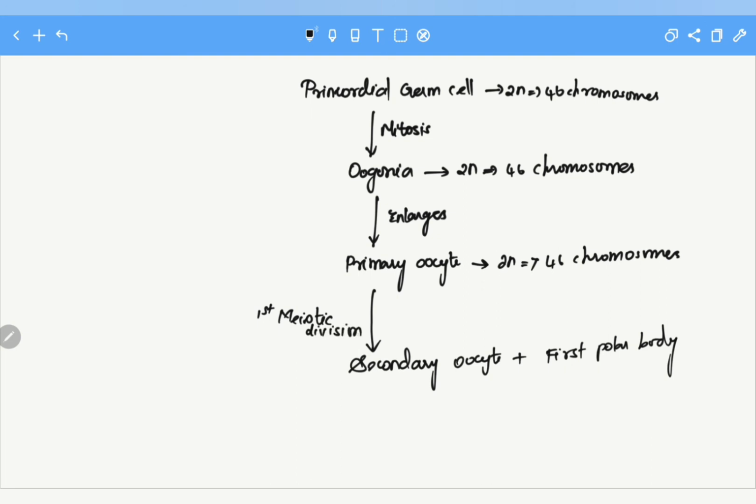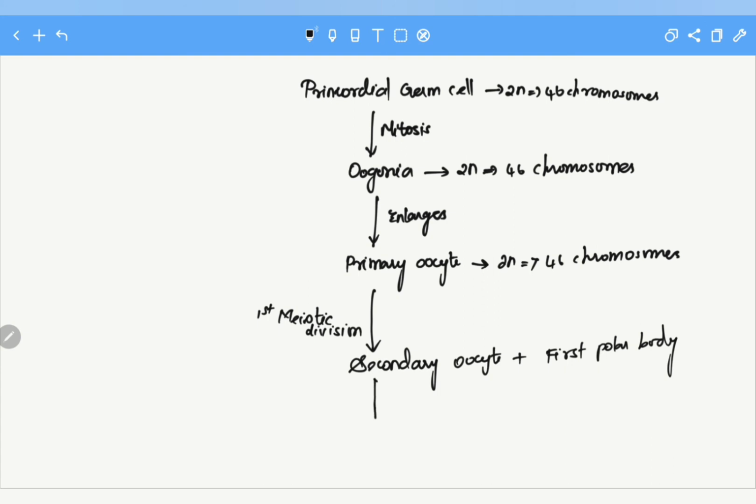Right? Then the second meiotic division starts, but it also gets arrested at the metaphase stage. The second meiotic division gets completed only when the sperm approaches the secondary oocyte in the fallopian tube.